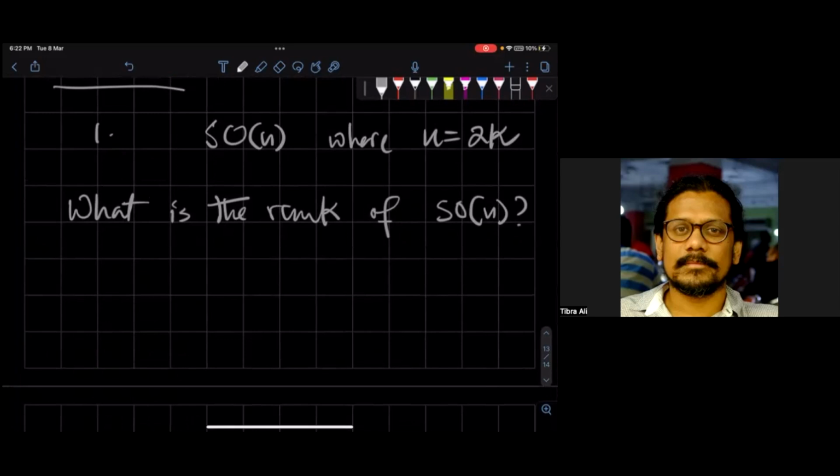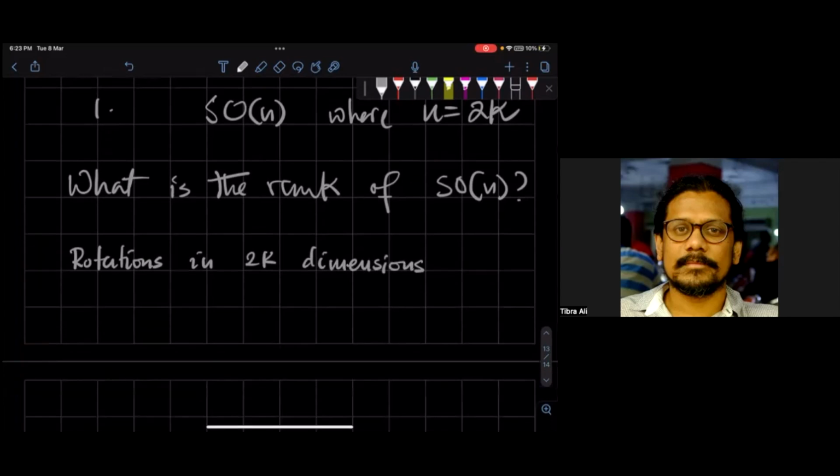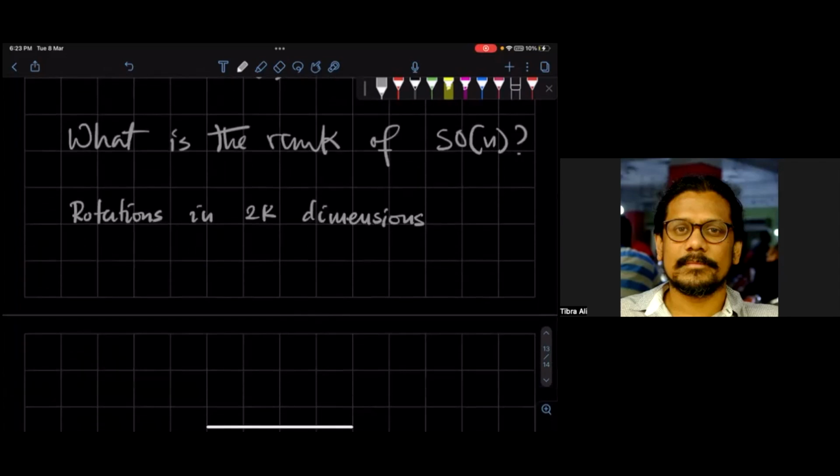When we're considering, say, rotations in, say, 2k dimensions, we know that we can pair up the dimensions. As long as none of the directions coincide between the different planes, those will be independent rotations, right?